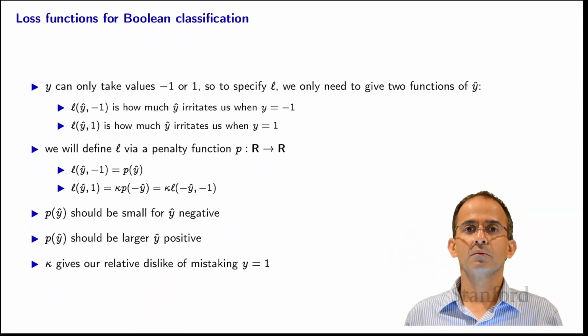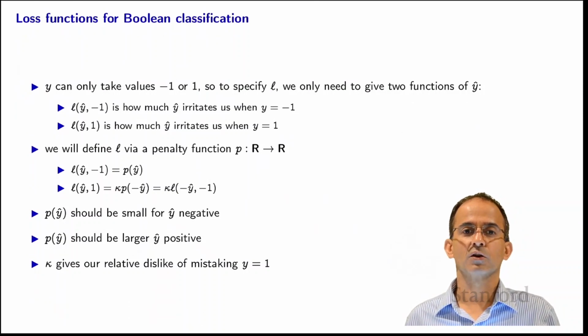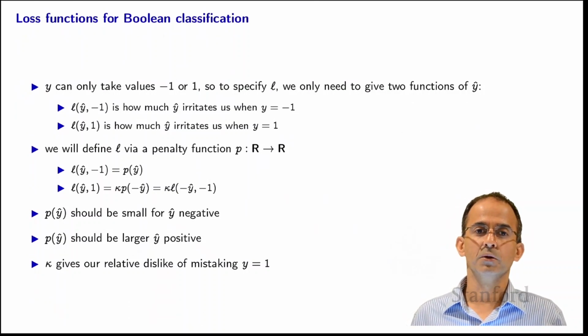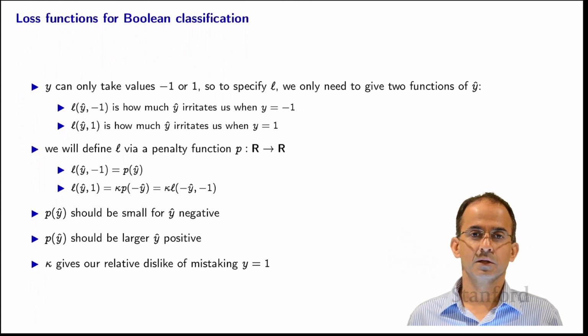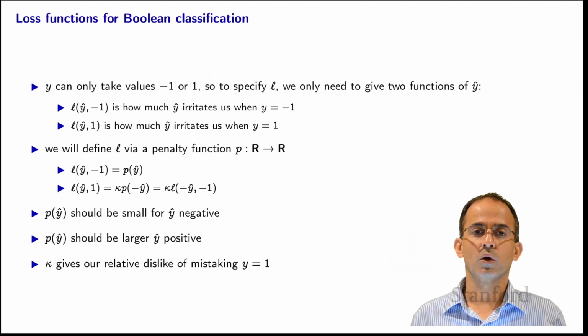Now I want to look in more detail at possible loss functions that one uses for Boolean classification. Here y can only take values minus 1 or 1, and so really there are only two scalar loss functions.